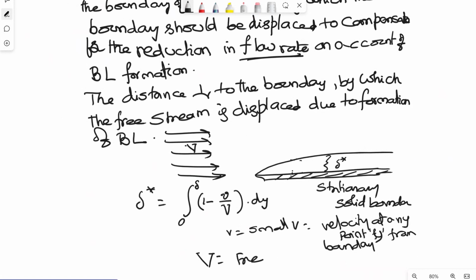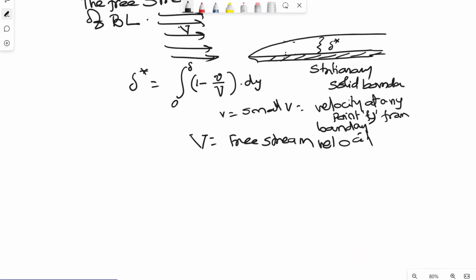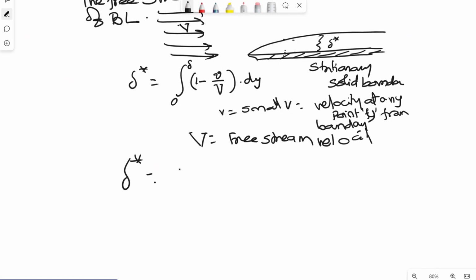It is the free stream velocity. So what is finally the equation? Delta star is equal to integral 0 to delta, 1 minus small v by capital V, dy.